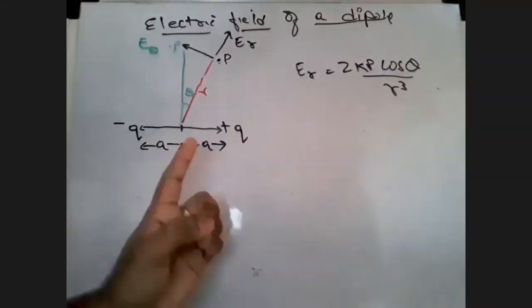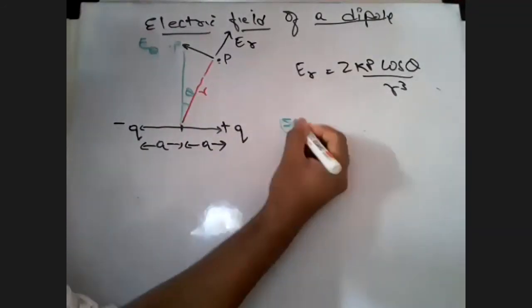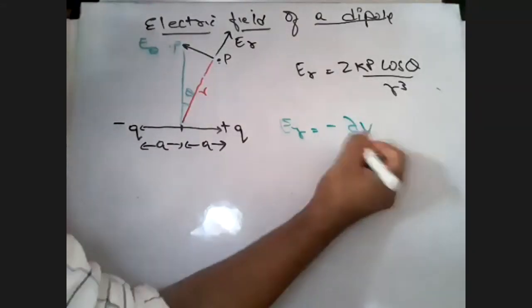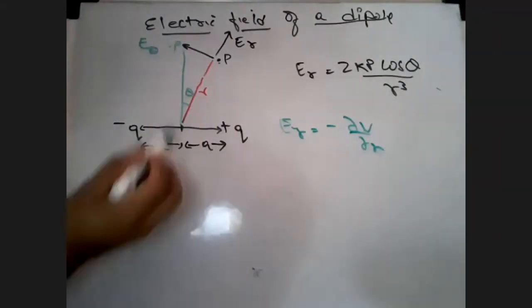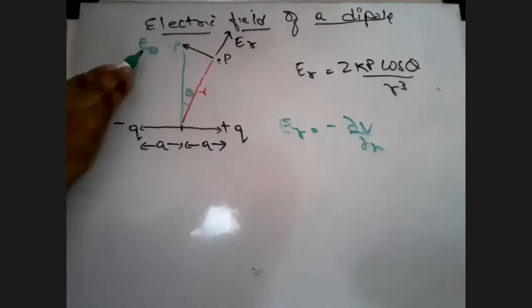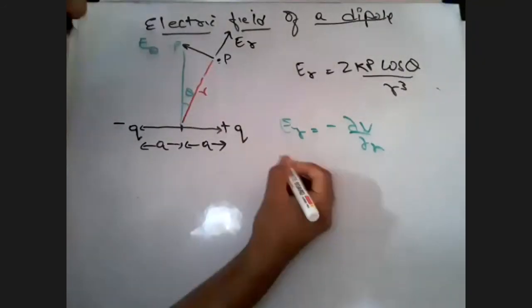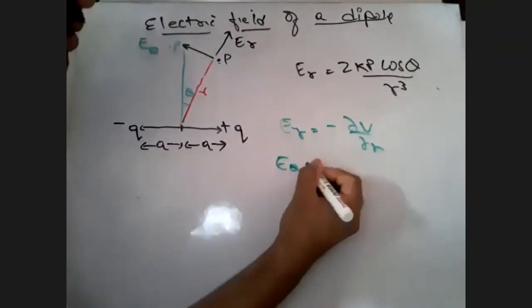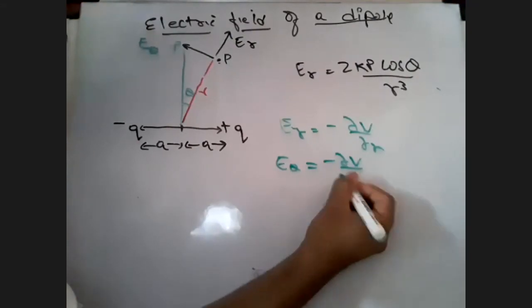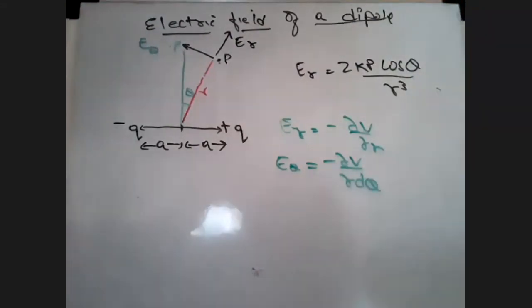I then differentiated it using this formula, that Er is equal to minus dV by dr. But now, if I am trying to find out the electric field intensity E theta, and I am keeping r constant, can I write E theta equal to minus dV by r d theta? Now I'm going to differentiate with respect to theta because r is constant. Is that clear?